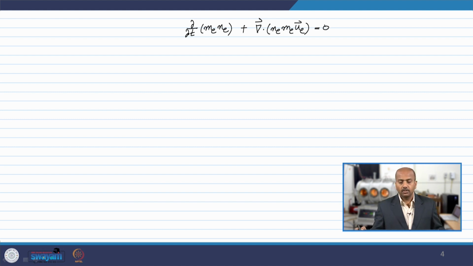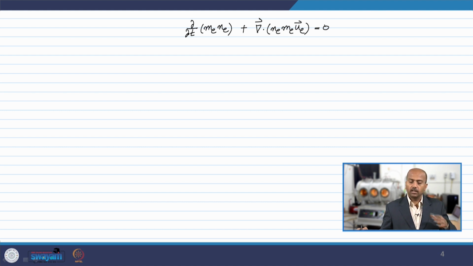So, we can start with the equations ∂/∂t of (ME NE) plus del dot (NE ME UE) is equals to 0. So, this is the continuity equation.